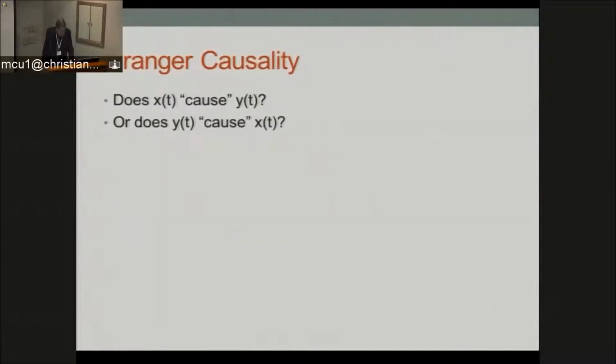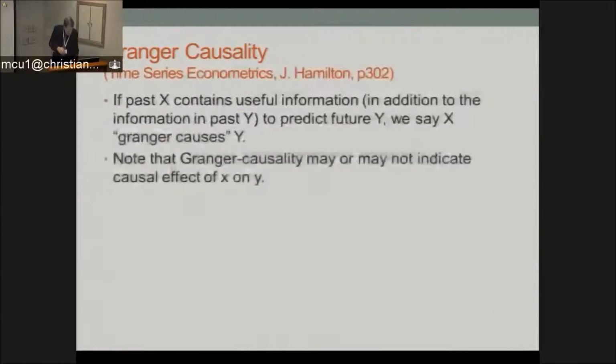Okay. So, Granger causality. Basically the question here is, does one time series cause another? And what we mean by cause is, do past values of one series help predict values of the other series?